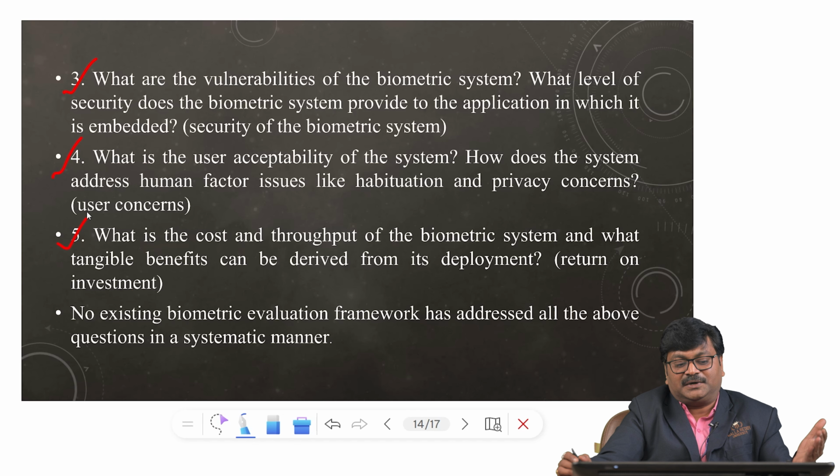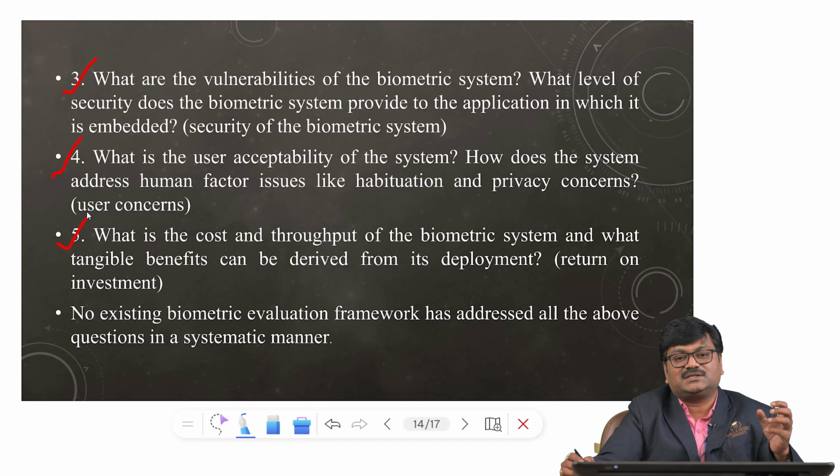And last but not the least, we need to see what the cost of the biometric system is. Is it affordable? And is it suitable for that particular application? So the entire cost is also correlated to the efficiency of the system, how well it performs to evaluate or to authorize the person.